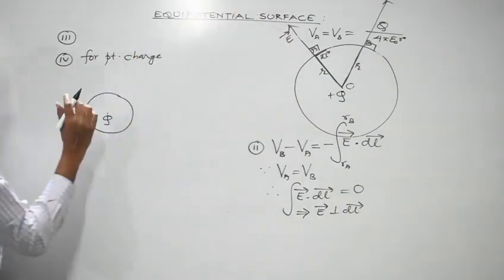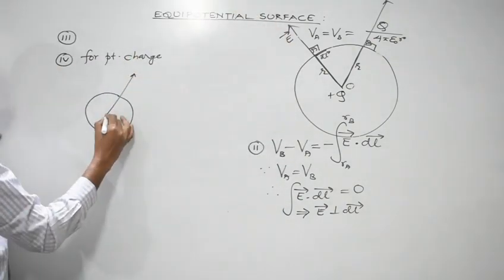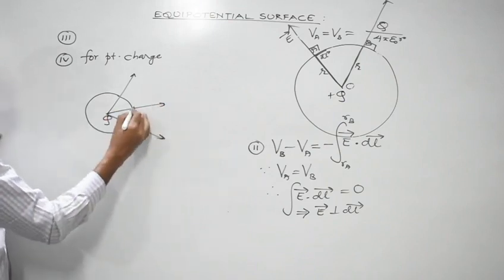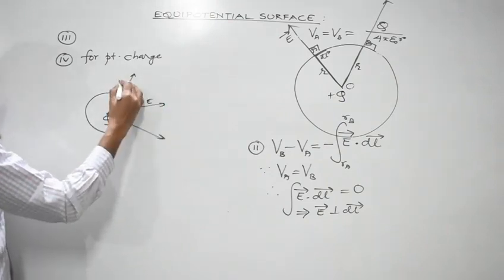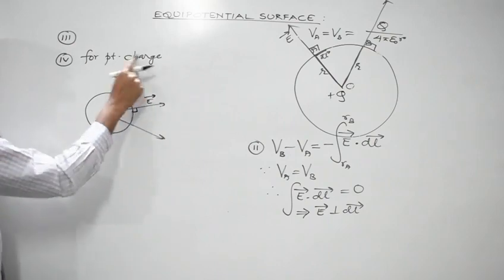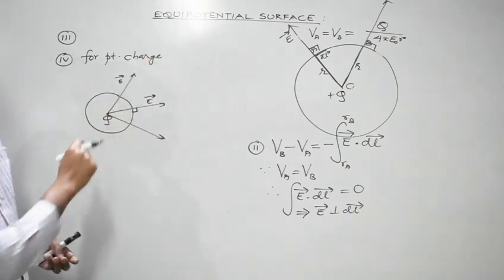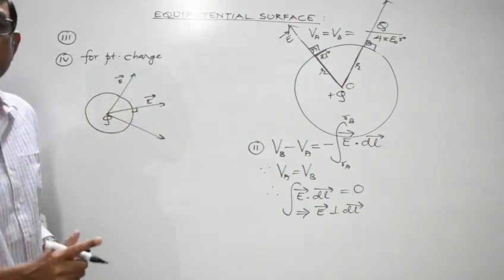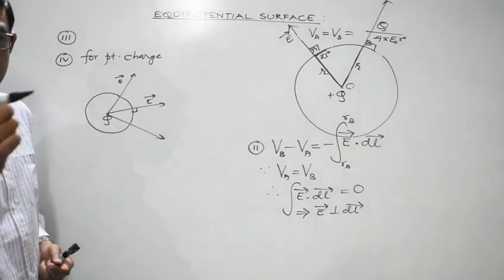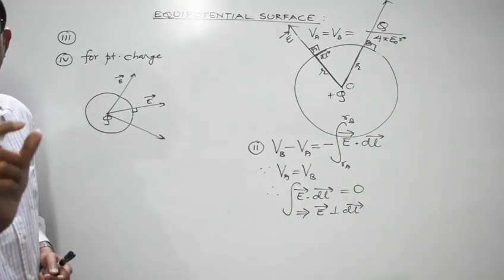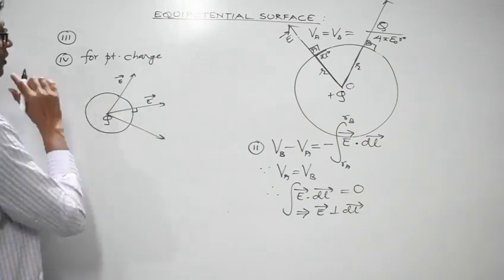So this is an equipotential surface. This is the electric field or electric field lines. It will be perpendicular to the equipotential surface. So for a point charge, the nature of the equipotential surface is spherical in 3D in space, or is circular in a plane in 2D, right?